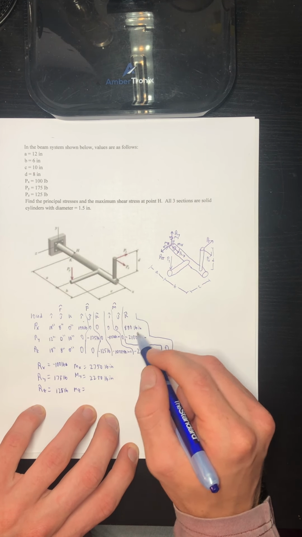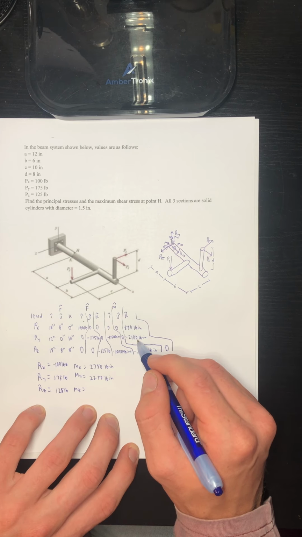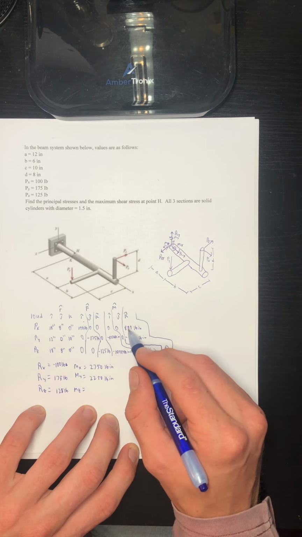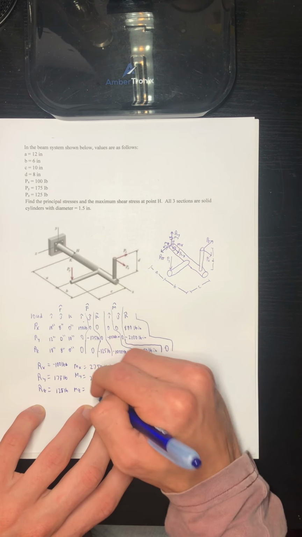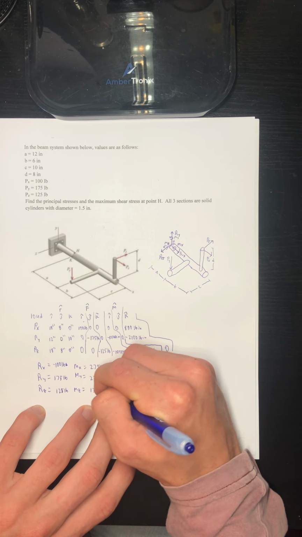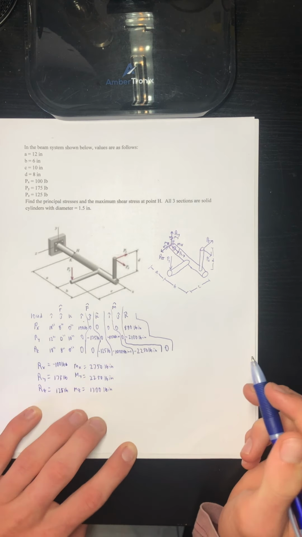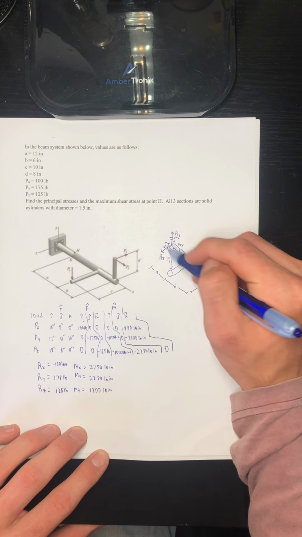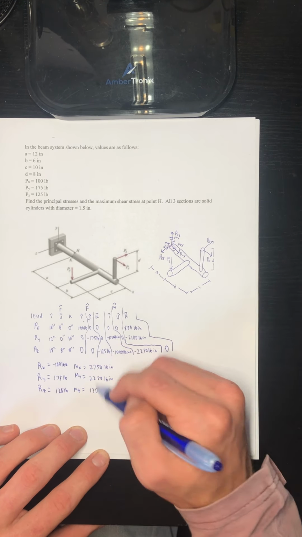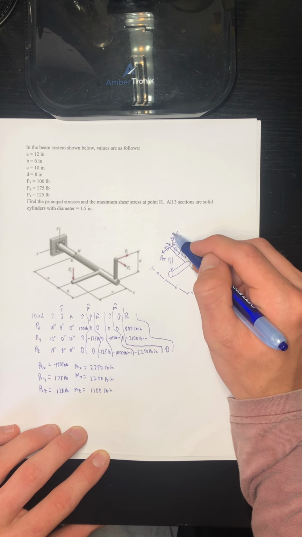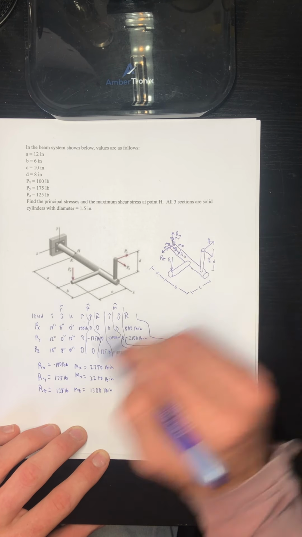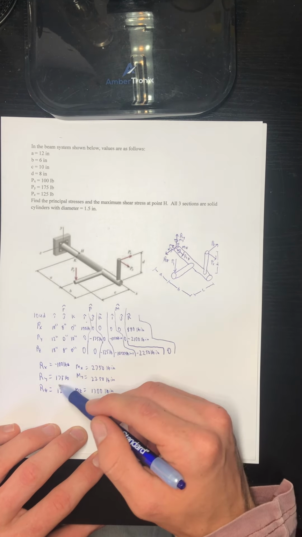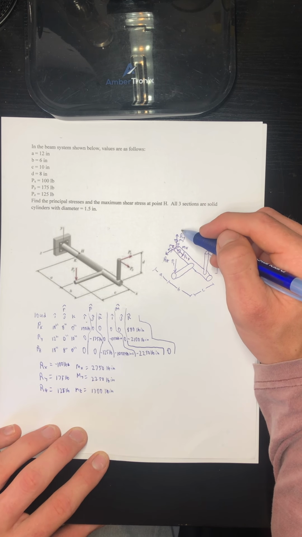In the z direction, we have 800 and negative 2,100. That makes a negative 1,300, but we go ahead and switch that around to positive 1,300 pound-inches. So now that we have all of our reactions resulting here, and again, all of these are based on the vectors that you see here.